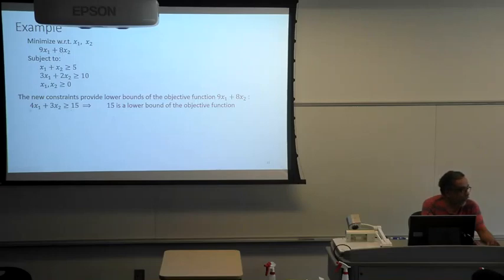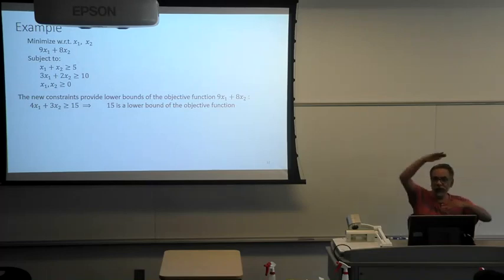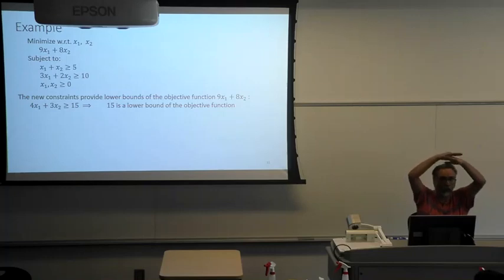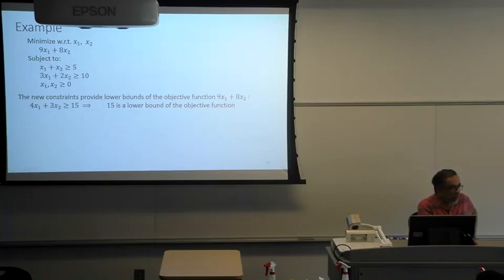So 4x1 plus 3x2 greater than or equal to 15 means that 9x1 plus 8x2 is also greater than or equal to 15. So 15 is a lower bound of the objective function, right? We don't know what the minimum of the objective function is, but we know that when we minimize it, we cannot go below 15.